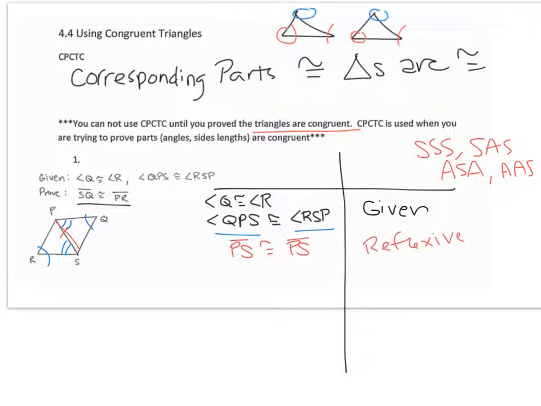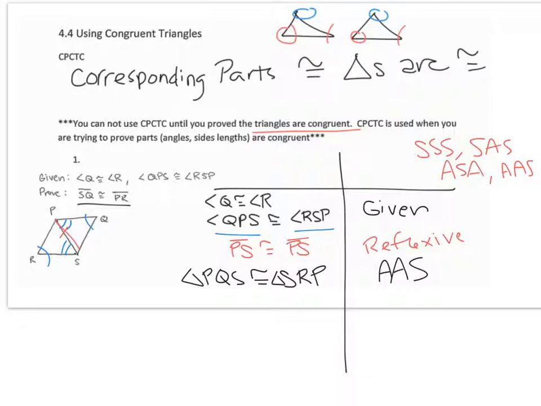So now I have two angles and two sides that are congruent. So I can say triangle PQS is congruent to, now be careful, your P corresponds with S down here. So it's S, and then Q corresponds with R, and then P, by angle, angle, side.